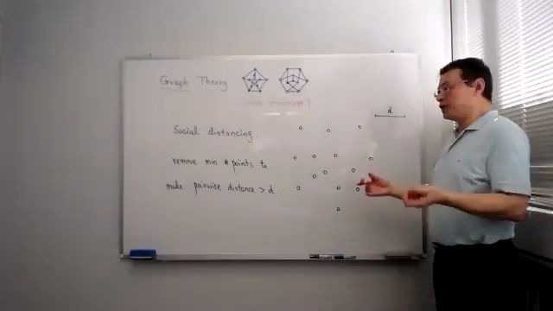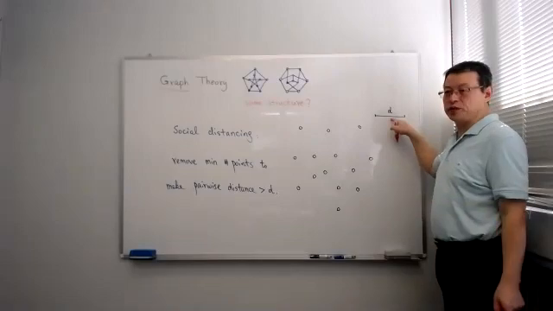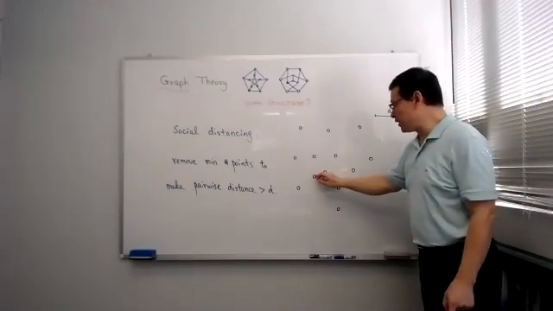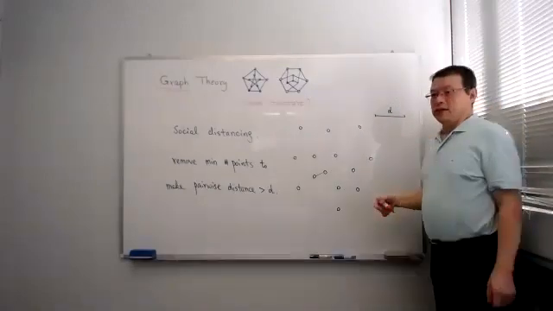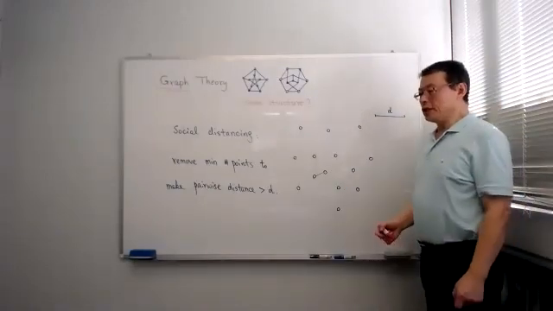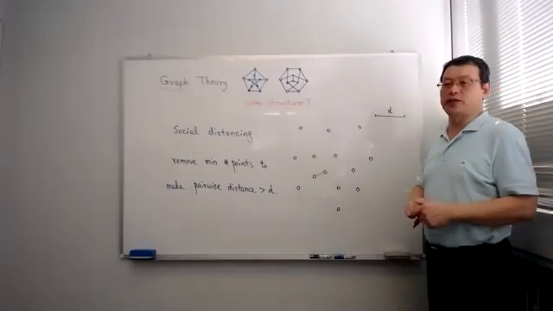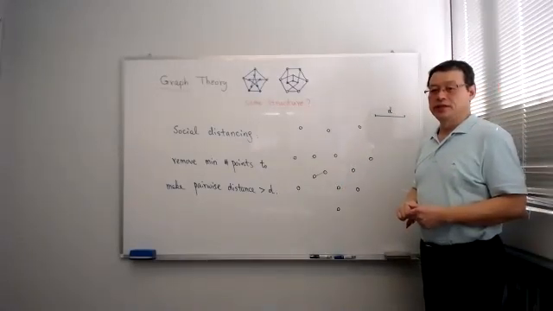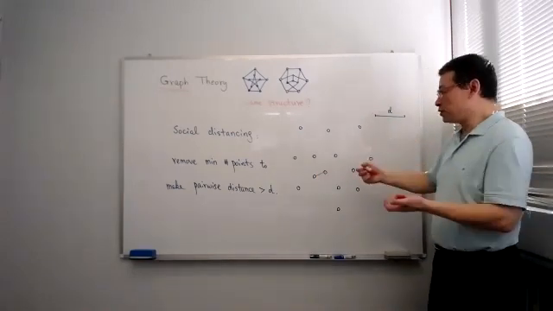All right. So what we do is use a line to connect 2 points if their distance is less than or equal to d. So for example, there will be a line between these 2 if their distance is smaller. In our application, if there is a line between 2 points, we have to remove at least 1 point. Otherwise, these 2 points will be too close. So we can construct the graph.